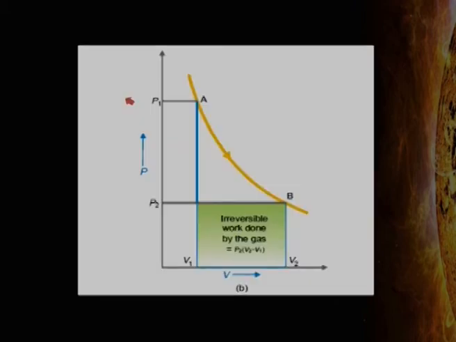If the expansion is performed irreversibly by suddenly reducing the external pressure from the initial state P1 to the final state P2, the irreversible work is given by minus W irreversible equal to P2 multiplied by (V2 minus V1). This work is shown by the shaded area in figure B.